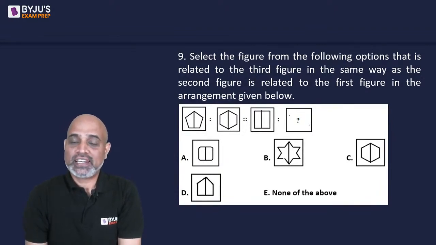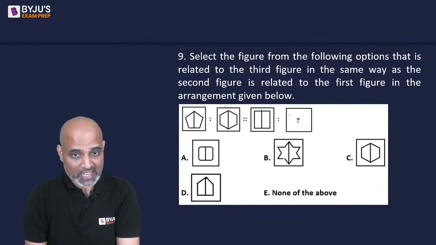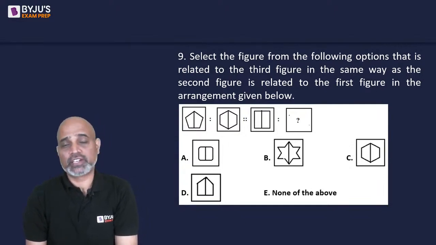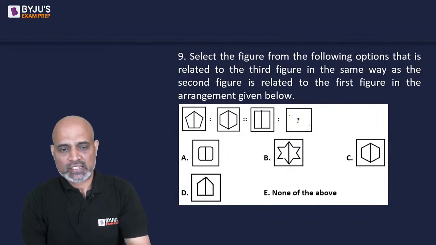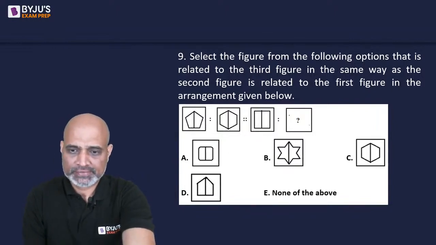Okay, next one. Select the figure from the following options that is related to the third figure in the same way as the second figure is related to the first figure in the arrangement. So we have square boxes here. So we have a pentagon, then we have a hexagon, we have a square, then what we need to have. Simple, right?